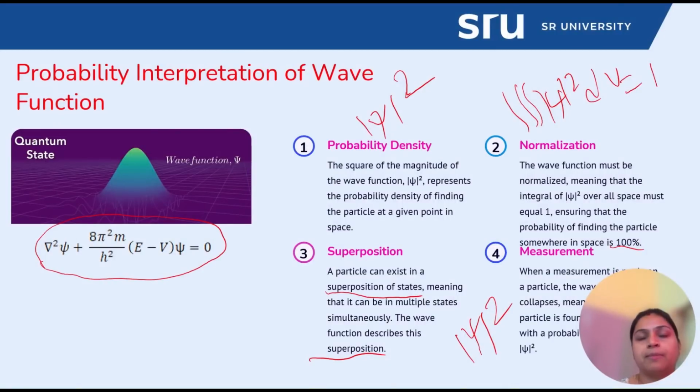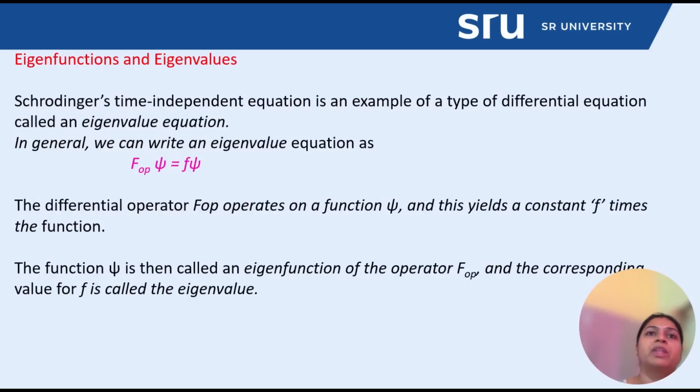Now we will look at eigenfunctions and eigenvalues. The Schrodinger time independent equation is an example of a type of differential equation called the eigenvalue equation. In general, we can write this eigenvalue equation as F operator acting on psi is equal to f psi.